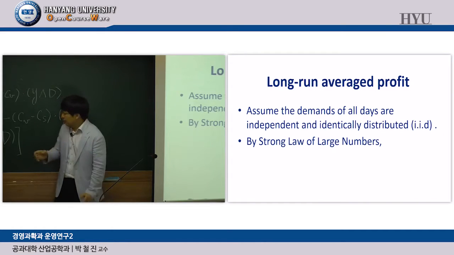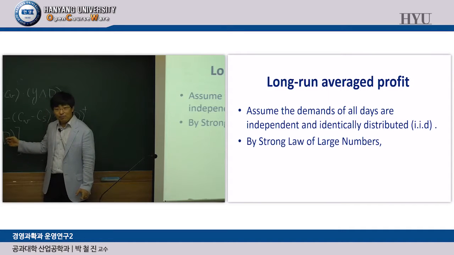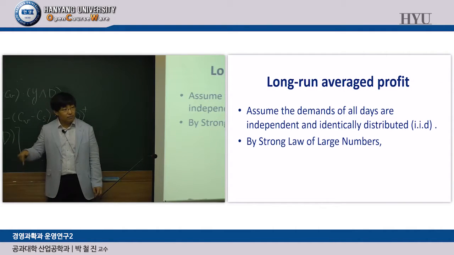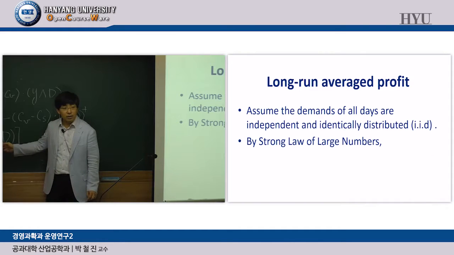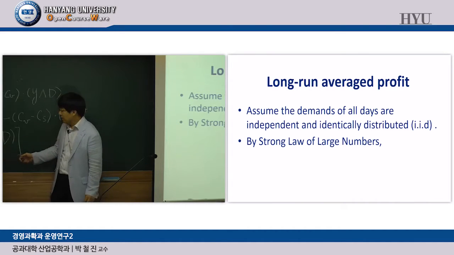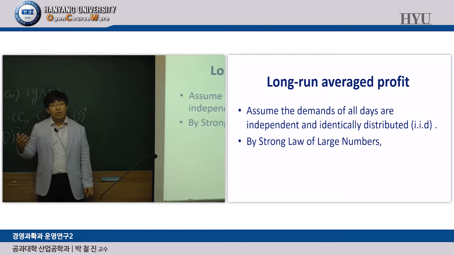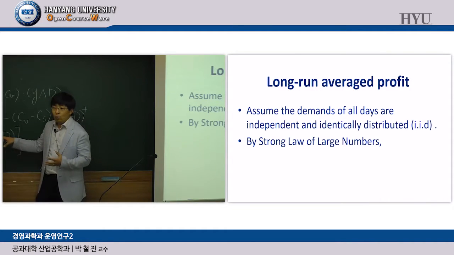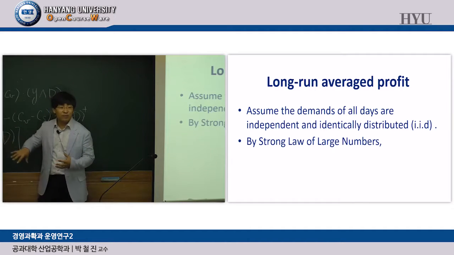For example, if this expected profit is large, then good or bad? Good. If this profit is very, very small, then bad, right? But we cannot say that we will earn exactly this amount of money every time in this structure, right?